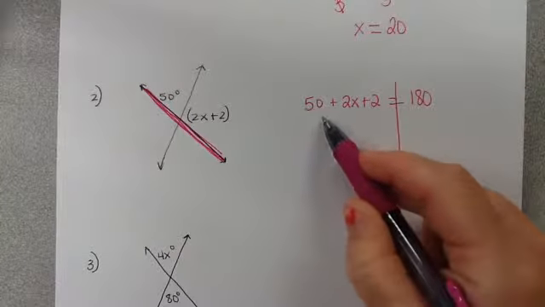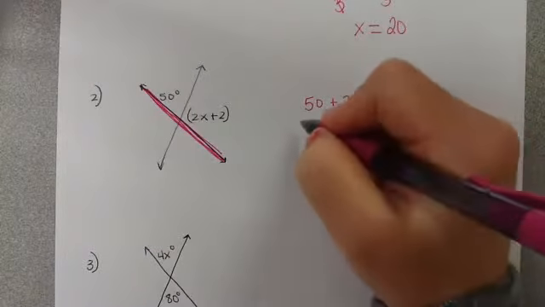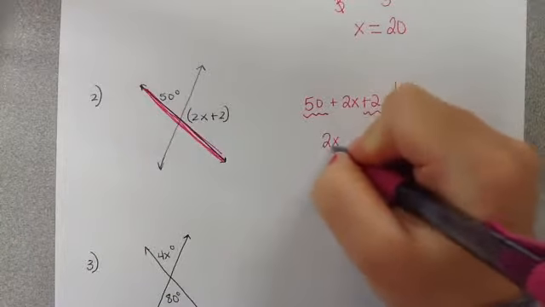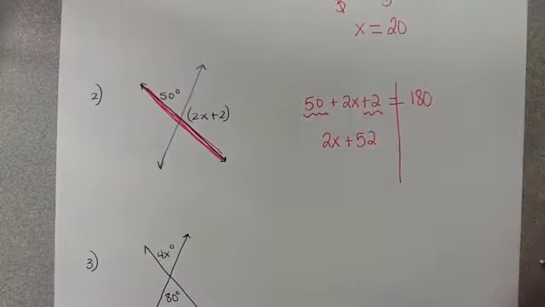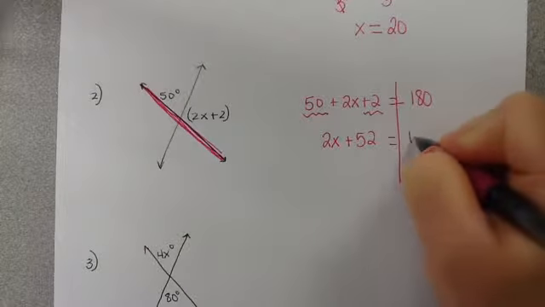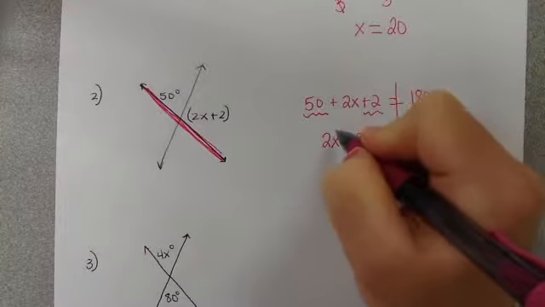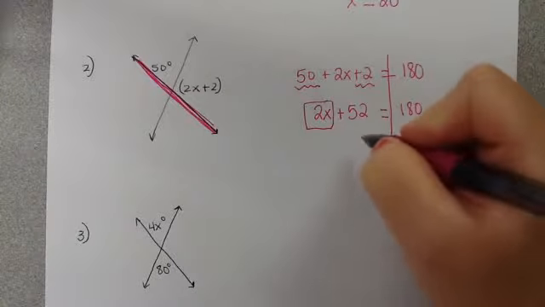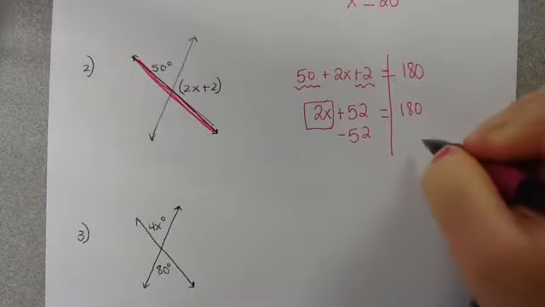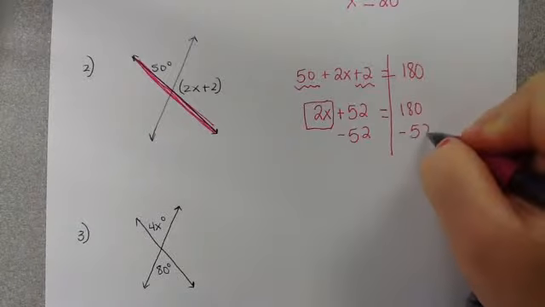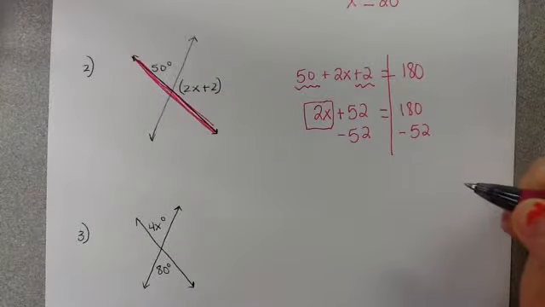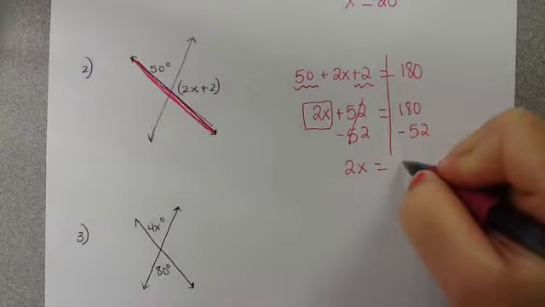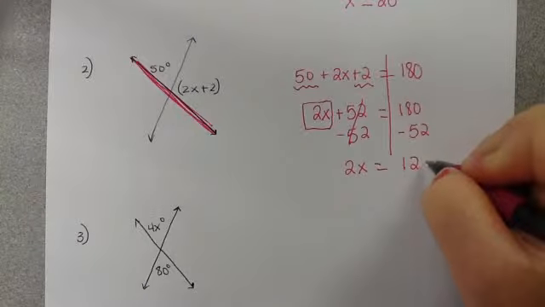Let's put some things together over here. What can I put together? 50 plus 2. So I have 2x plus 52 equals 180. Get rid of what is not attached. How do you get rid of a plus 52? Minus 52. What I do on one side, I must do to the other. 2x equals 128.